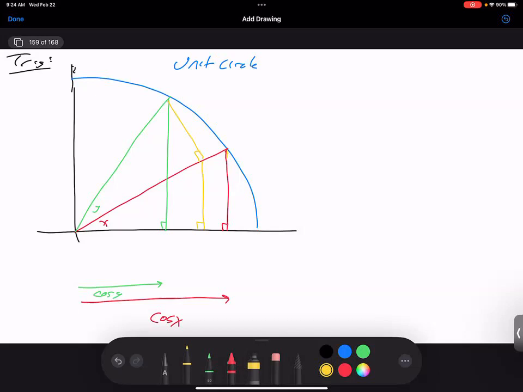Okay. And so now, if I look at this dotted line over here, what's the length of this green line? Well, that's a hypotenuse, so that's 1. This over here, that's got to be the sine of y. I'll put some points over here.